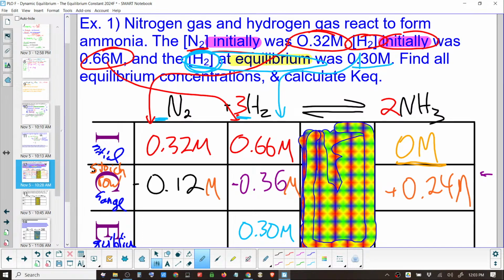If I have one atom of this, and I react it with 3 molecules of that, how many atoms of that do I make? 2. How'd you get 2? Because it's balanced. This is balanced in a 1-3-2 ratio, right? So when we know this, we divided by 3 to get this into a 1-3 ratio. Then we took that, so it's now in a 1, so we just balanced it. That make sense?